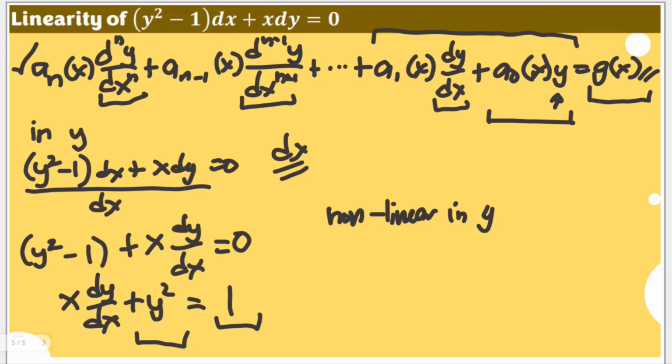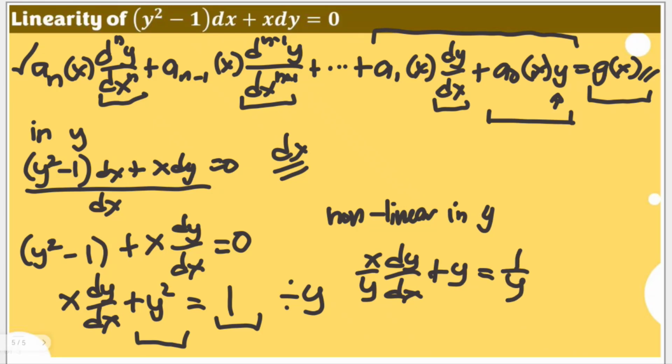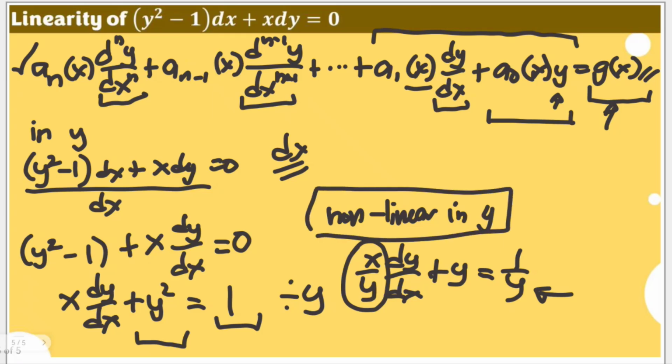Now, if you would like to, you could divide all terms by y. So you will have x over y, dy over dx, plus y is equal to 1 over y. But this still violates the idea, because if it's g of x, we don't want to see a variable y on our right hand side, and it should also be in the form x and y. So again, this is non-linear in y.